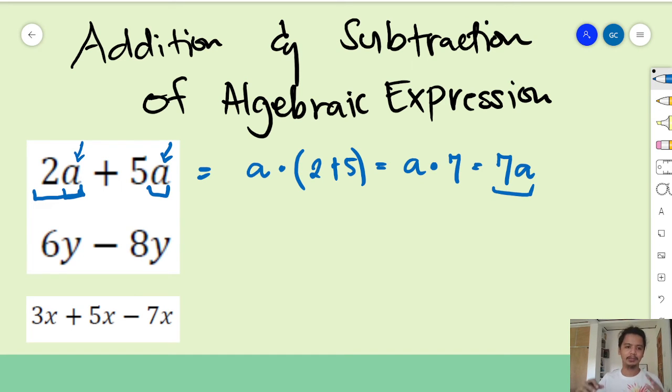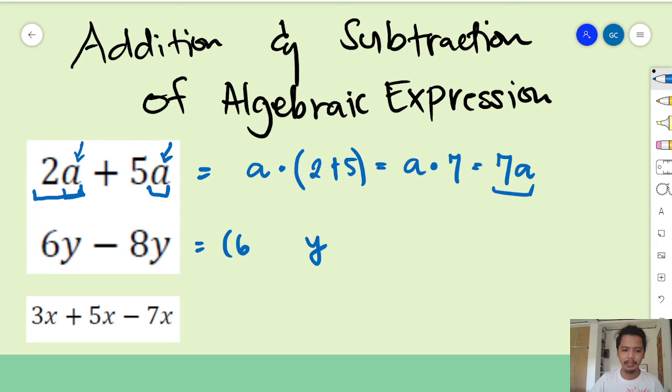Basically, when we talk about addition and subtraction of algebraic expression, kung susundin mo yung process, para siyang nagiging reverse or inverse nung tinatawag nating distributive law. Okay? So parang ganun lang din yung sa susunod. So if we have 6y minus 8y, pwede mo na lang palang isulat muna yung y.